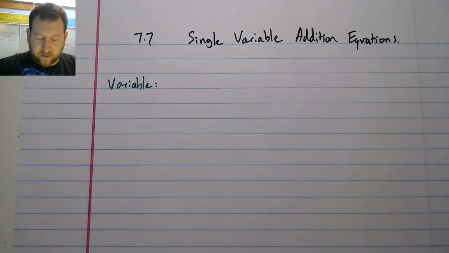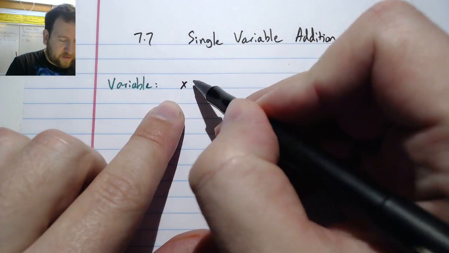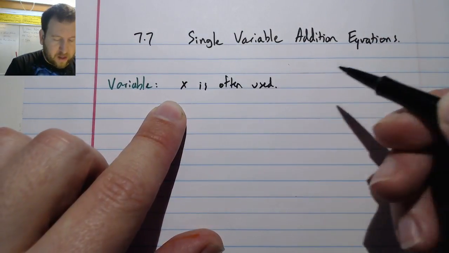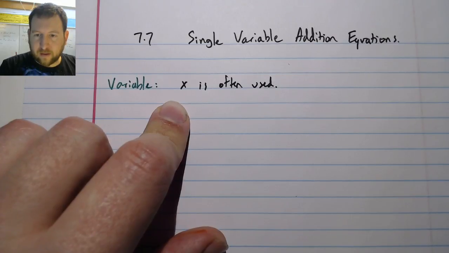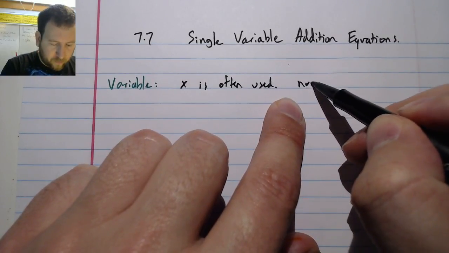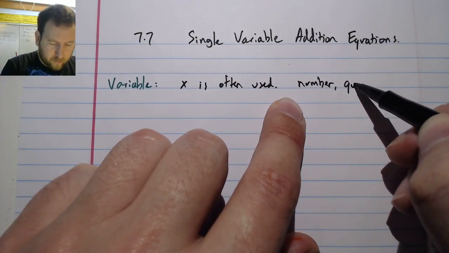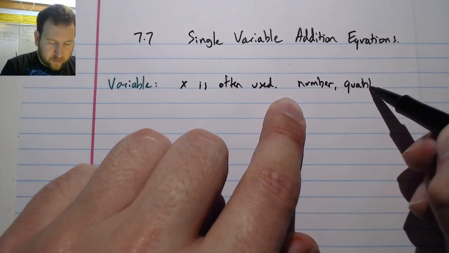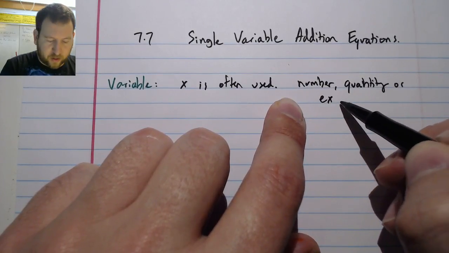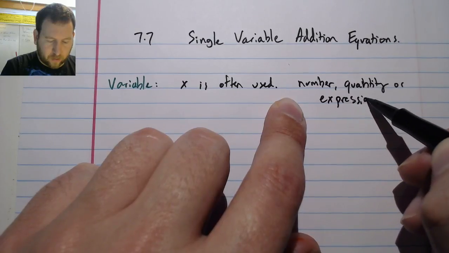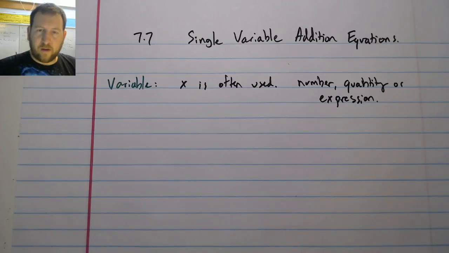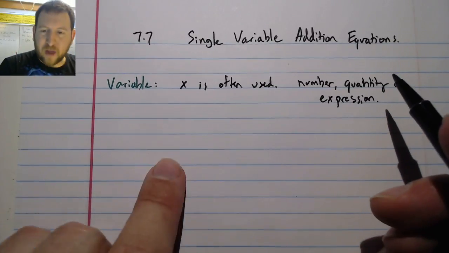The classic variable is, of course, x, and it simply means we use it to represent a number, quantity, or expression. And our key here is we're often trying to find it or isolate it.